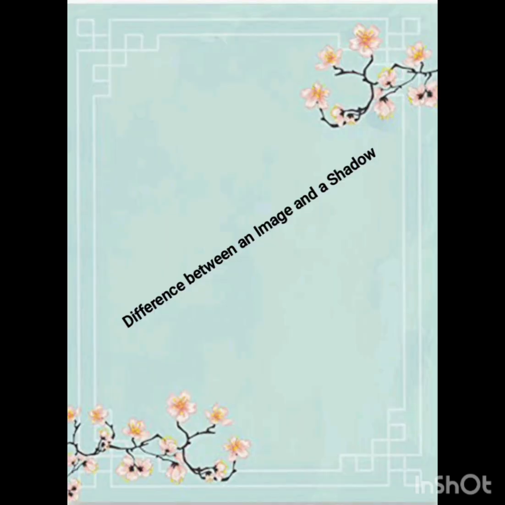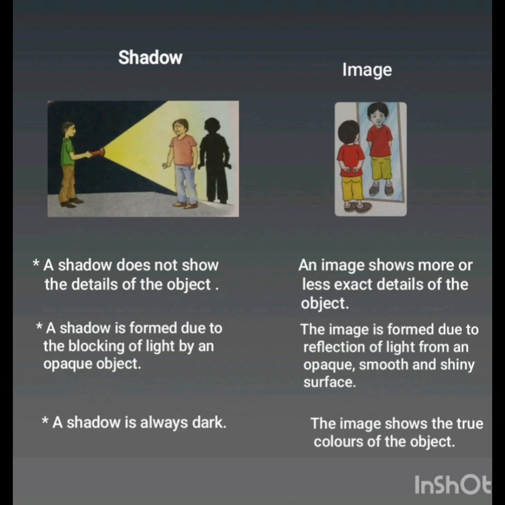Let's learn about differences between an image and a shadow. A shadow does not show the details of the object, whereas an image shows more or less exact details of the object.